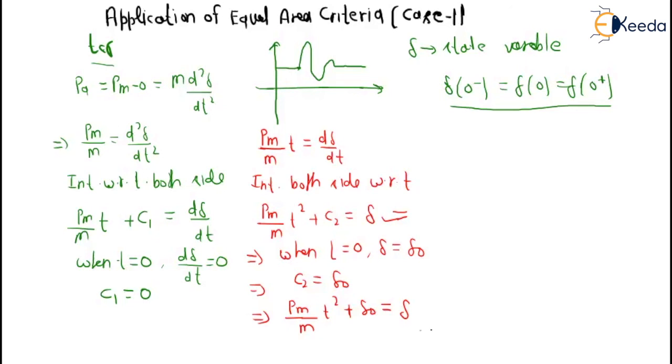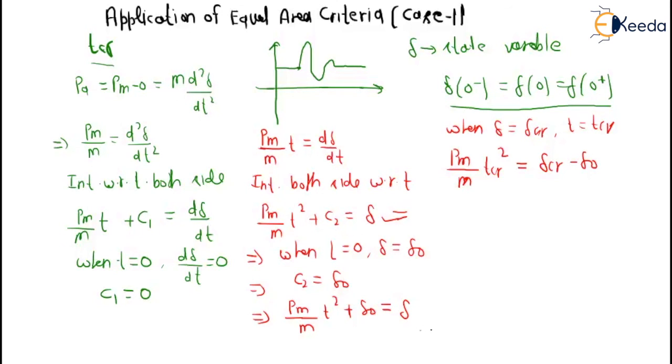And now what we can do is, when del is equal to del CR, the T value will be equal to TCR. So now we can write this equation as Pm upon M TCR square is equal to del CR minus del naught.